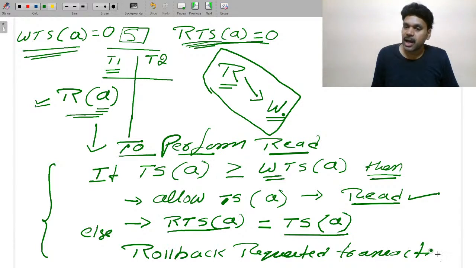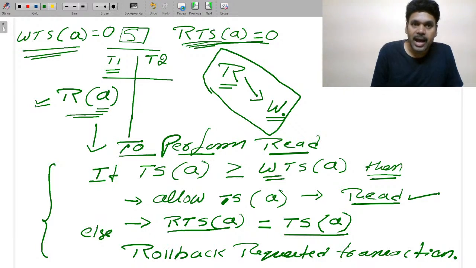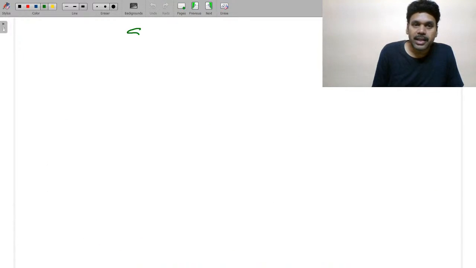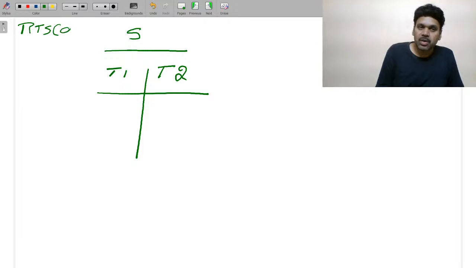So this is the idea, friends. Now let us execute it carefully. There is a schedule S which consists of two transactions T1 and T2. As usual, I am working on object A. Initial read timestamp is 0 and initial write timestamp is 0.